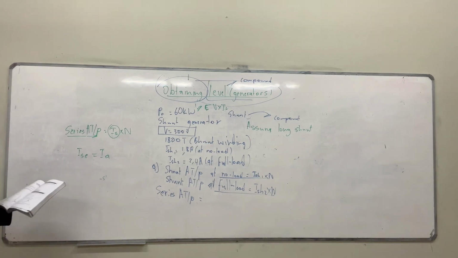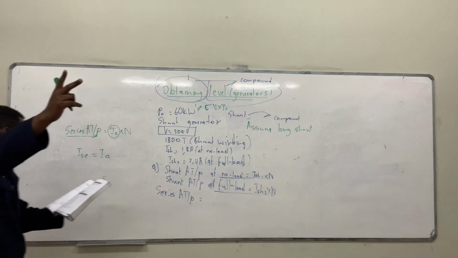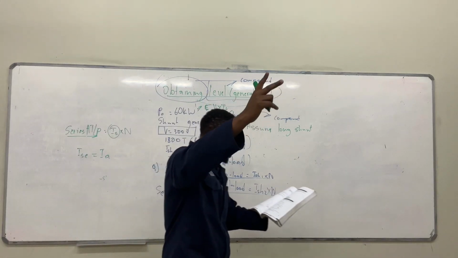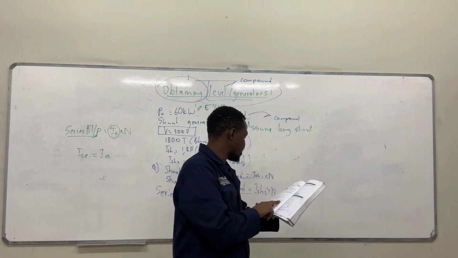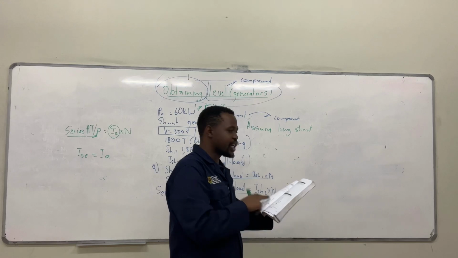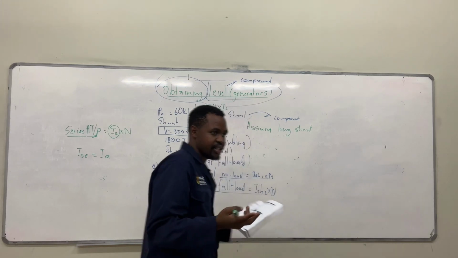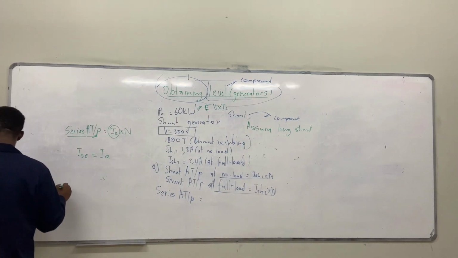So guys, you see there are two armature currents, basically two shunt currents. Okay, let me draw this.